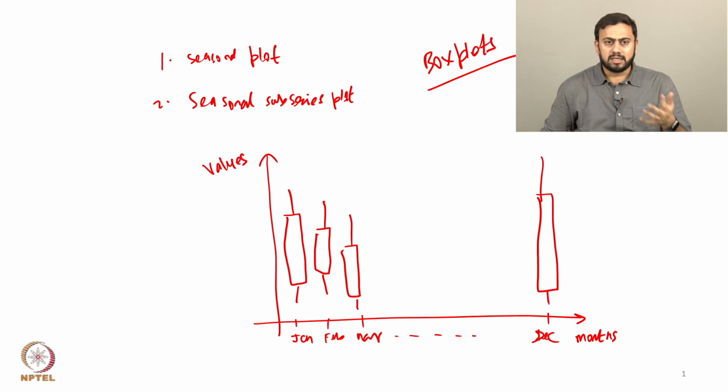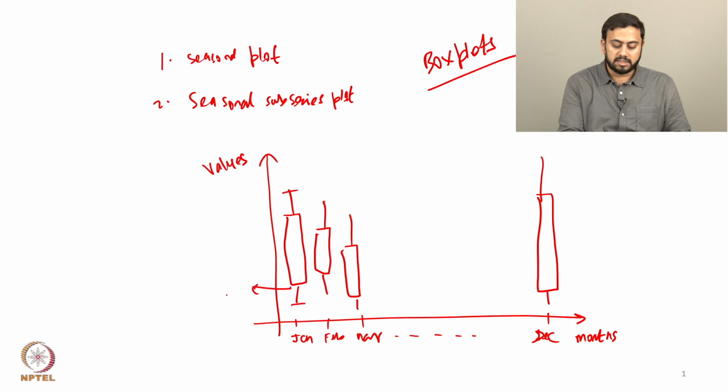Why is such a plot important and valuable? A box plot in itself tells you a lot of things. The extent of this box plot, these are called the whiskers of the box plot by the way, and then you have the actual box. The whiskers extend to either the minimum or the maximum of the data. The box itself extends from Q1, the first quartile, all the way up to Q3, the third quartile.